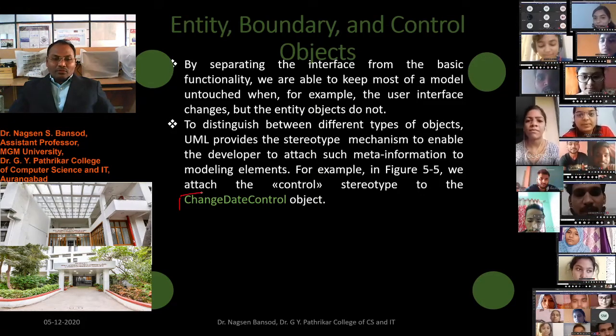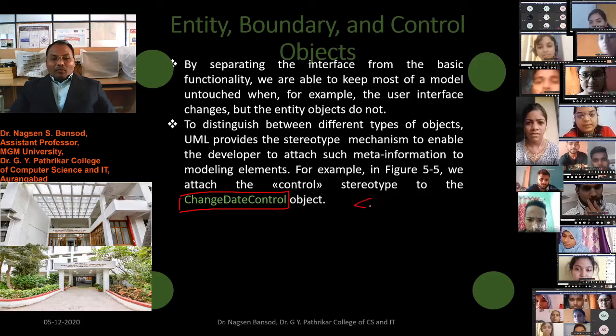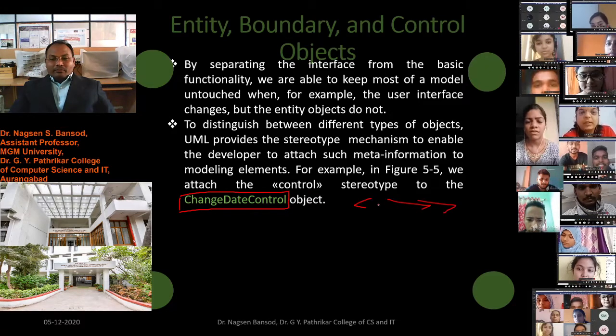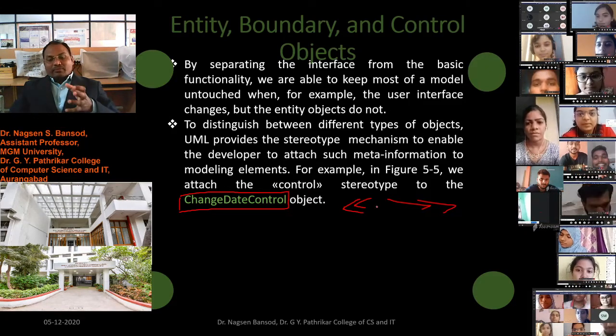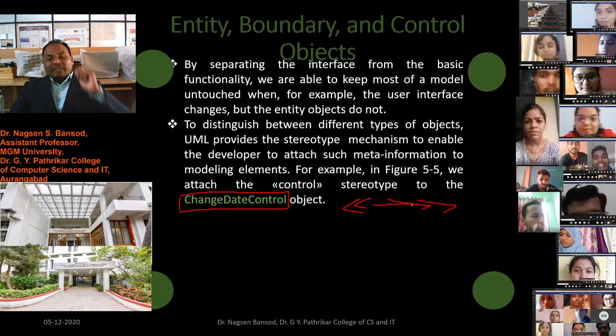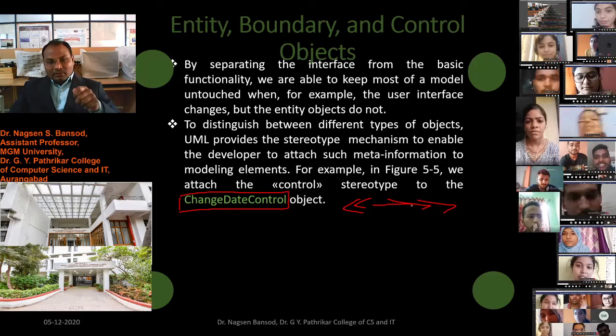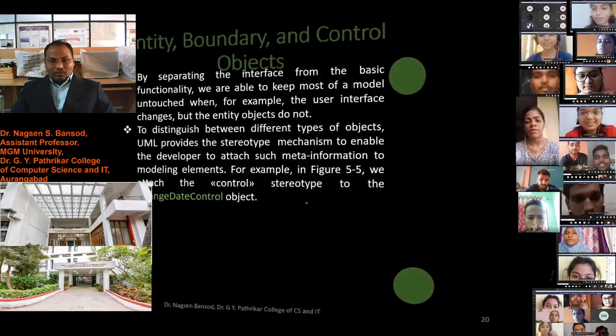This is the control object, the change date control object, as we saw earlier. With a stereotype attached, sometimes we don't need to do anything with that button, and sometimes we do, but there is the control.